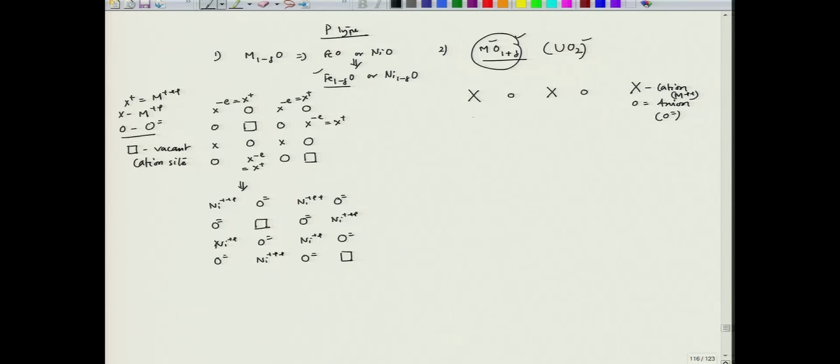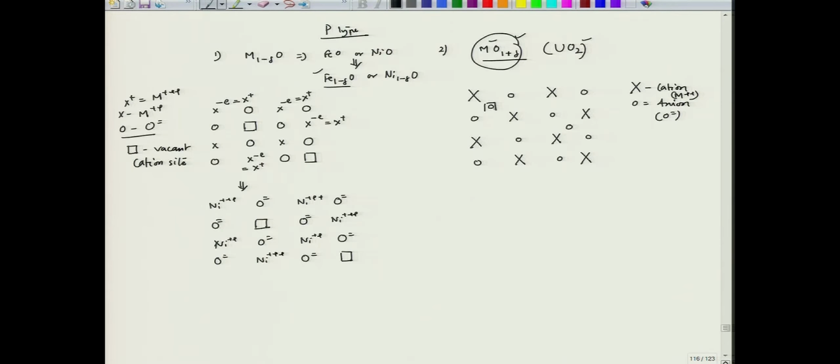In this case we have extra anions, so they will be in interstitial positions.